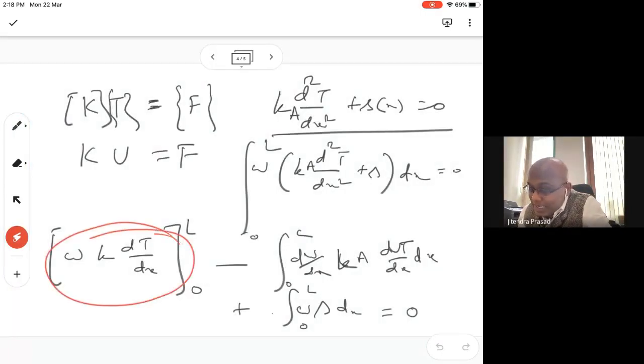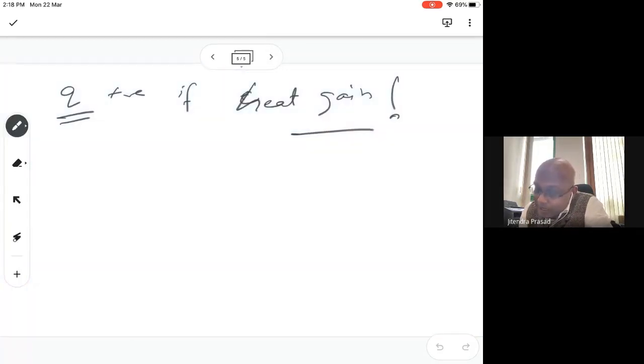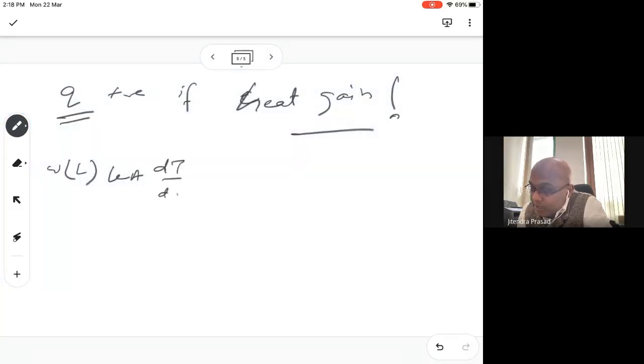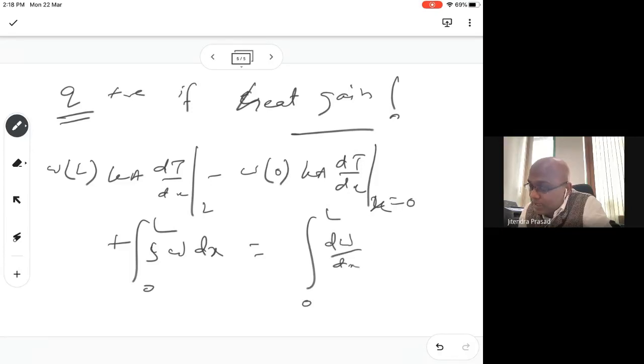You can also see from here. This gives you W at L, so you can write W(L) K A dt over dx at L, minus W(0) K A dt over dx at x equal to 0, and then you have plus the integral of S W dx from 0 to L, equal to the integral from 0 to L of dw over dx K A dt over dx. So there will be A as well here.